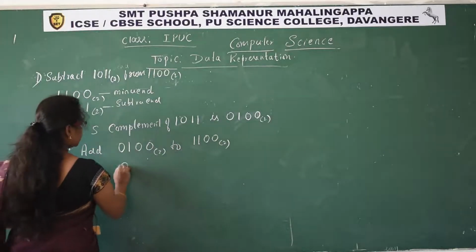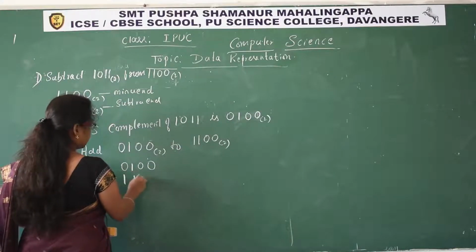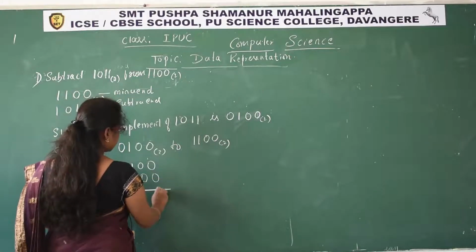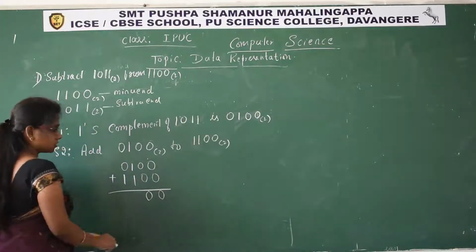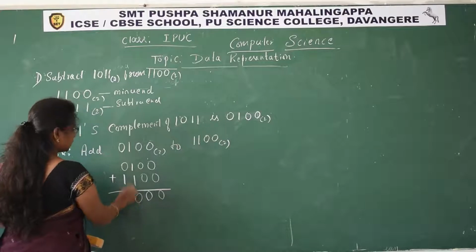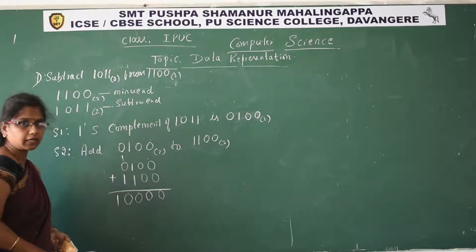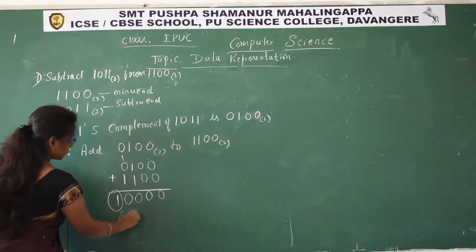How to add 0100 plus 1100? 0 plus 0 is 0. 0 plus 0 is 0. 1 plus 1 is 0, carry 1. Here we get an end around carry. So this is called end around carry.